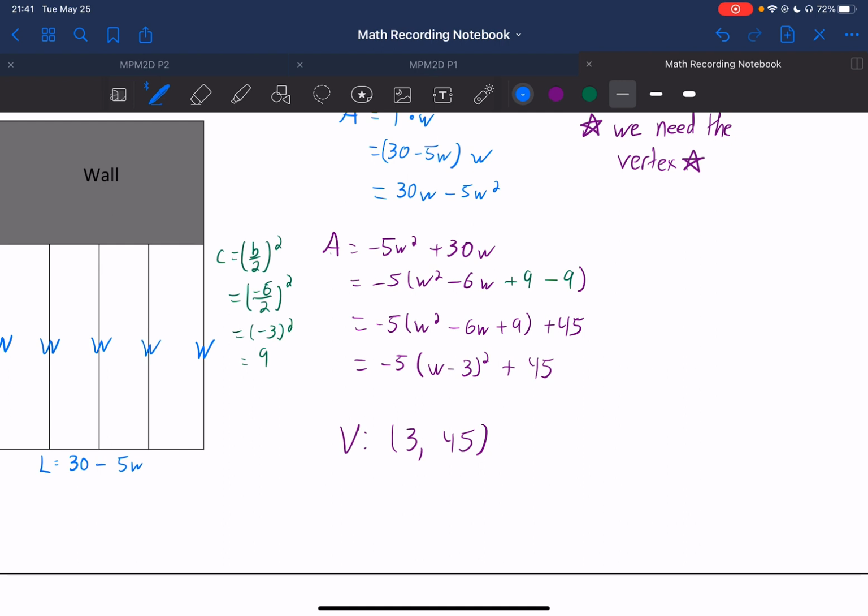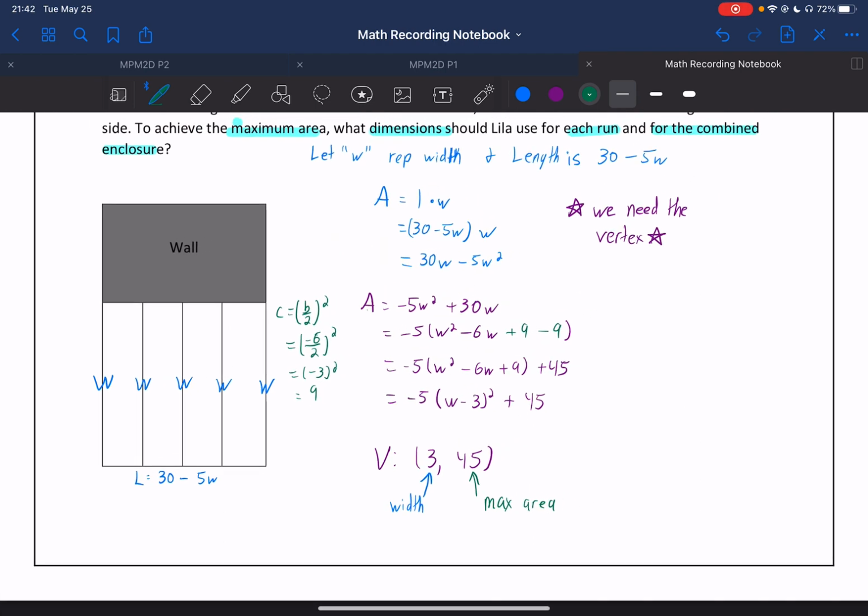Now it's important to be able to identify what each of these pieces of information means. This 3 here represents our width. That is the width that is possible at our maximized area. And this 45 is our maximized area that can be reached.